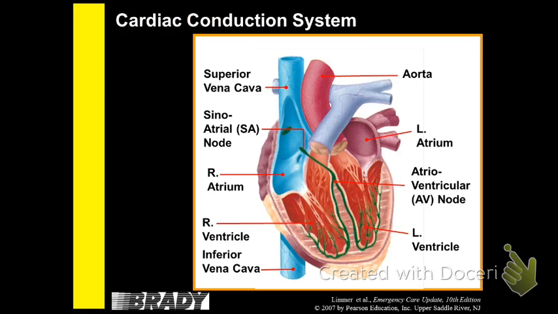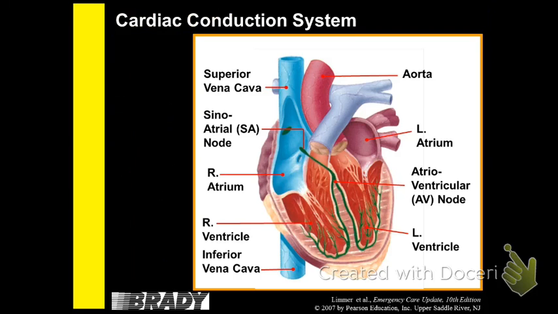So the SA node builds the charge, it depolarizes, it goes over to the left atrium, it goes down this pathway to the AV node, and then that signal pauses, not even a second, but a very, very short amount of time, and then it travels on.